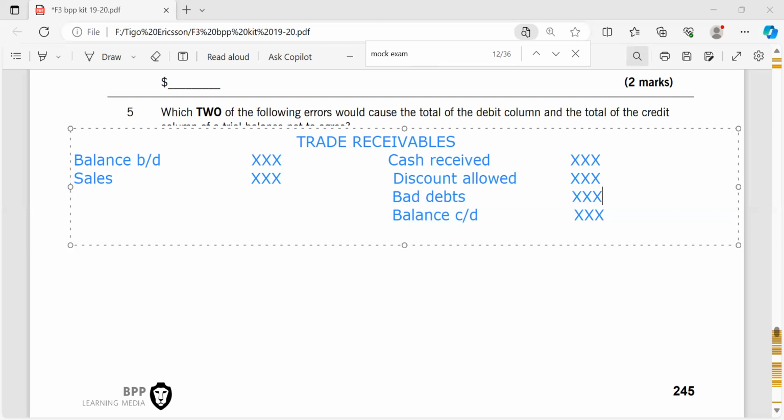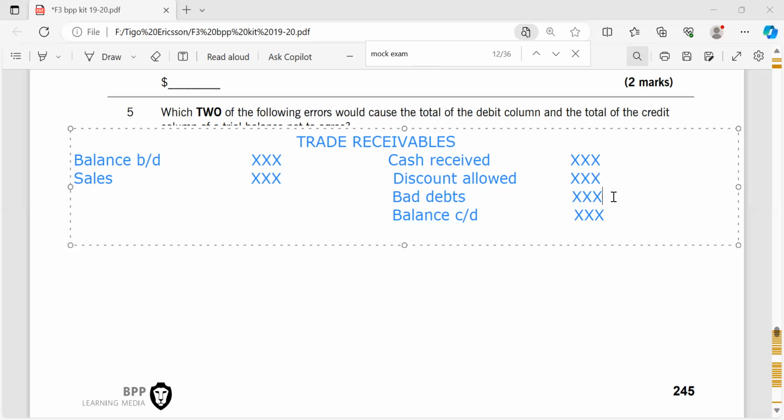Now, if it's a bad debt reversal, maybe during the year from January to December, during March you wrote off bad debts. But maybe in August you reverse this bad debt. Some of these bad debts were reversed. If you reverse the bad debts, it shows that you expect to receive that amount from the customer, which means you'd have to increase your trade receivables.